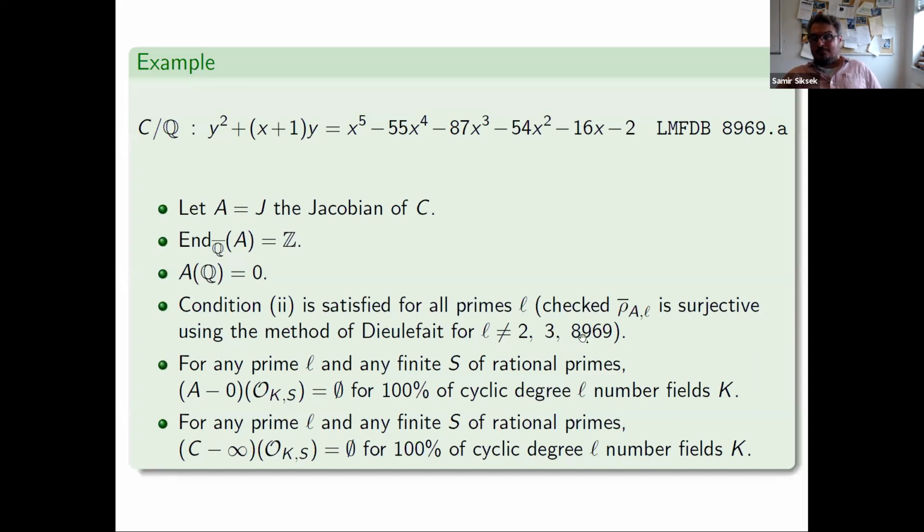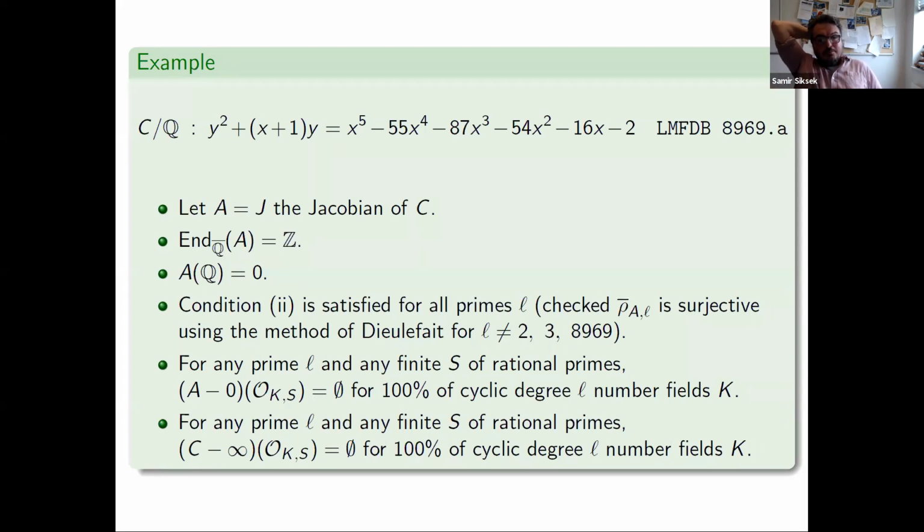It turns out that from Dieulefait's algorithm, you can deduce that if L isn't 2 or 3 or this prime in the conductor, then the mod L representation is surjective, and so condition 2 is satisfied. For 2, 3, and 8,969, you just find a P, and it works.